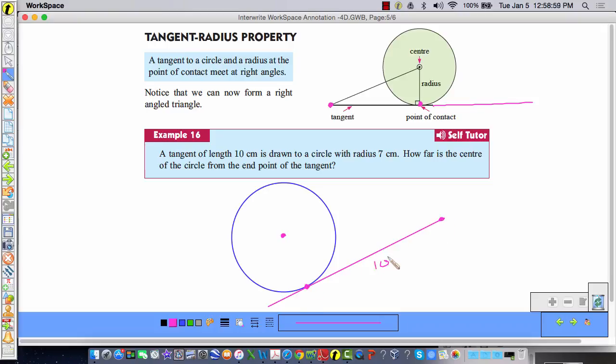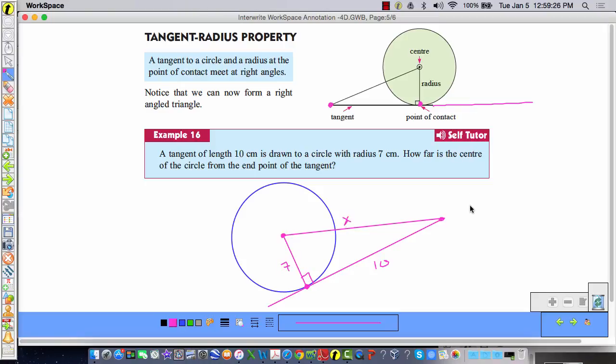This is 10. With radius of 7 centimeters, how far is the center of the circle from the endpoint of the tangent? Well, let's draw in some things. They want to know what that length is, and the radius drawn to the point of tangency is going to help me immensely because it's perpendicular, and I also know that the radius is equal to 7. This is my x.